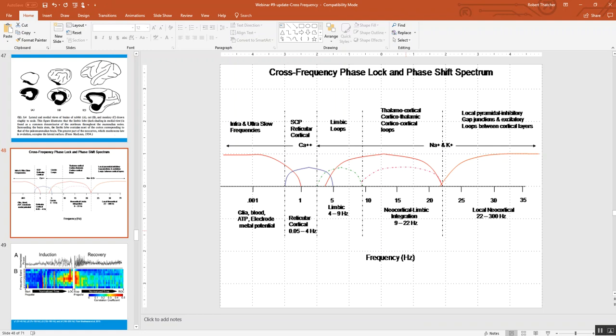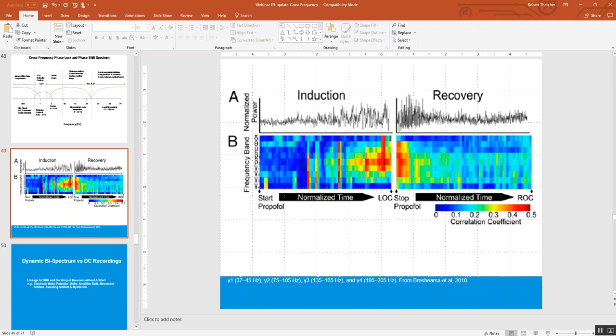There's cooperation, competition, independence, and then predator-prey. I don't have time to go into this in detail, but this is a very important dynamic going on at micro levels throughout the brain, but we luckily can quantify this.